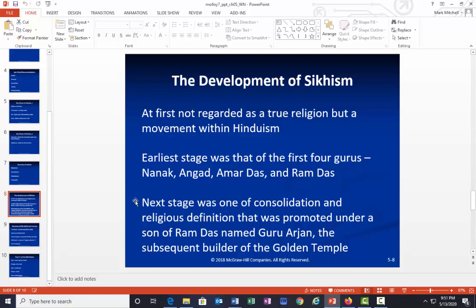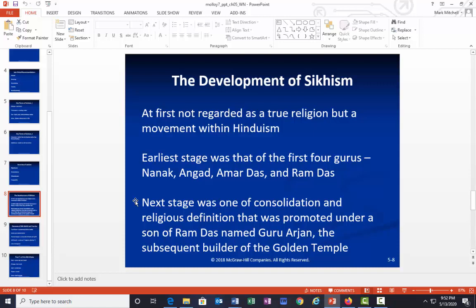Now, Nanak would try to blend Hinduism and Islam together to be appealing to those he came into contact with. So some of his dress or some of his face paintings would be Hindu in nature, and then he would also wear a Muslim coat or a Muslim cap.